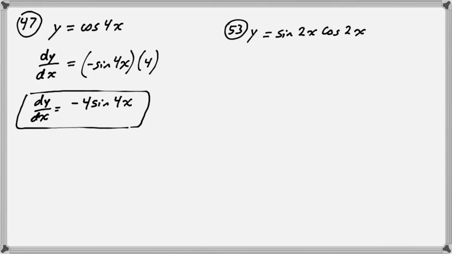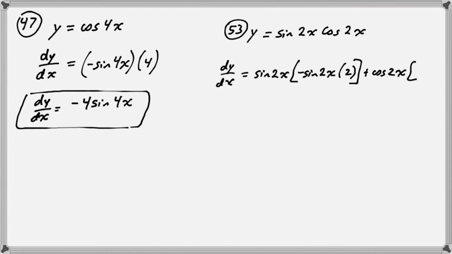Now I have a product, so I'm going to have to use a product rule on 53. So I'll bring the sine down times what's the derivative of cosine? Negative sine of the same angle times the derivative of the angle, plus bring down the cosine, now times what's the derivative of sine? Well, it would be cosine, same angle, times the derivative of that angle.